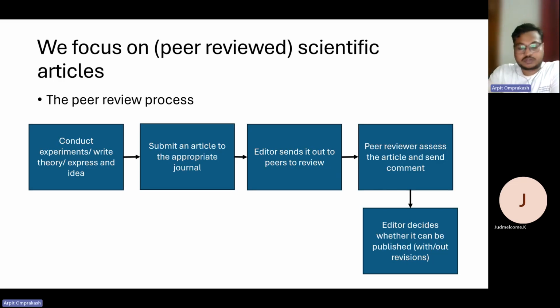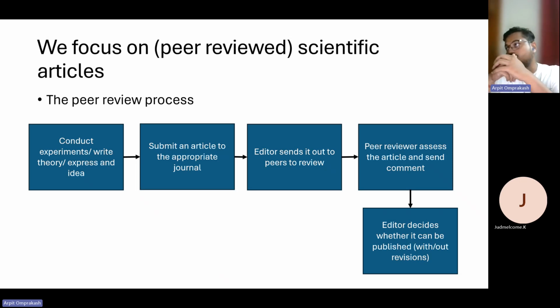So for this course, we are focusing on peer-reviewed scientific articles. So what is peer review? What is the peer review process? Peer review is when you are writing up and sending your work, because what you're doing is something very new, so the people who can understand and verify that are also very few, and they are exactly the people who are your peers or your colleagues working on similar things.